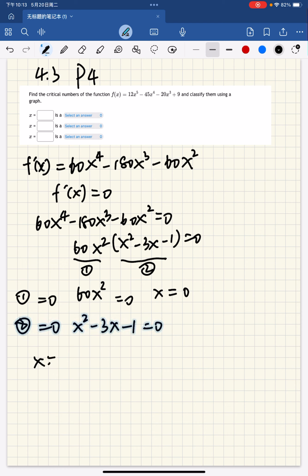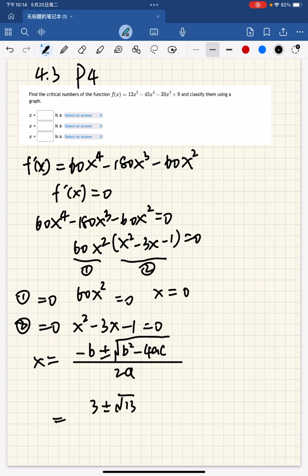The x will equal to minus b plus or minus the square root of b squared minus 4ac over 2 times a. It will equal to this.